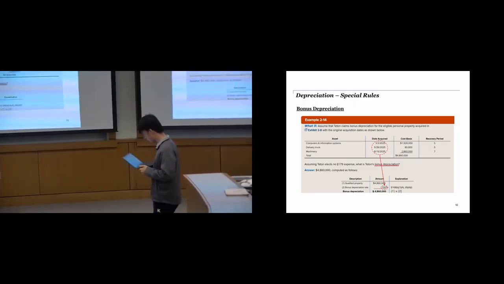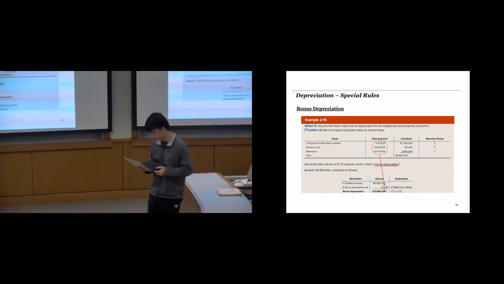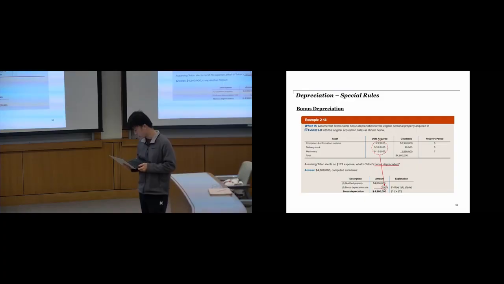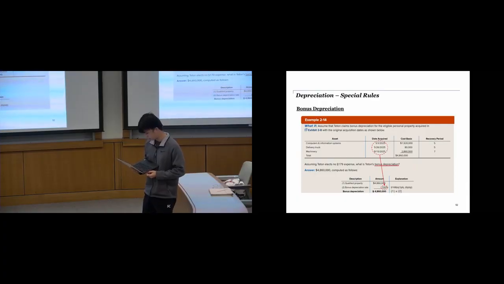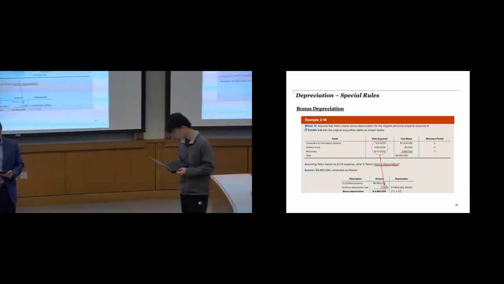The delivery car did not qualify for bonus depreciation, and then the maximum Section 179 was applied. So there is the difference.